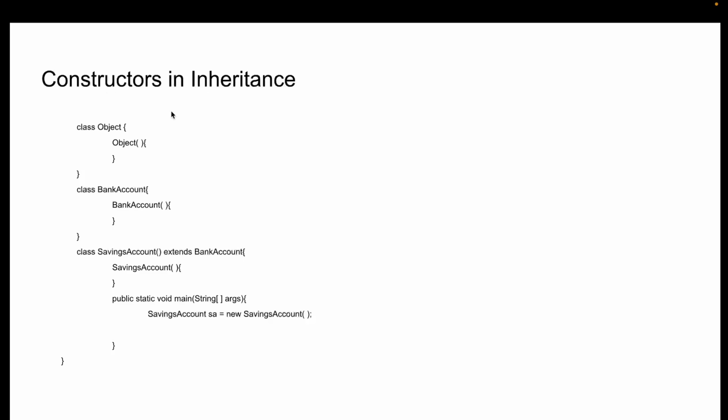There's a class Object, and this is the Object constructor. You can see this, right? Object, then parenthesis, curly braces. This is the default constructor. Now we have another class defined, class BankAccount, and then there is a BankAccount constructor, and this is also a default constructor.